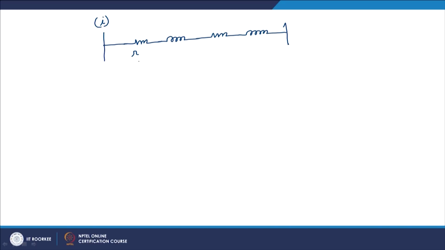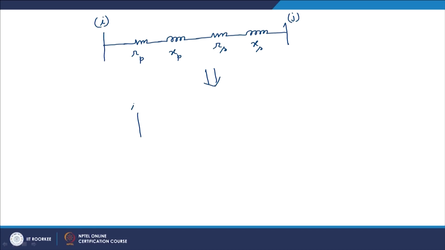So it is Rp, Xp, Rs, Xs. This is bus I, bus J. We can simply combine them together because they are in series.